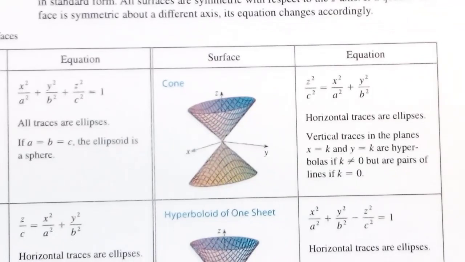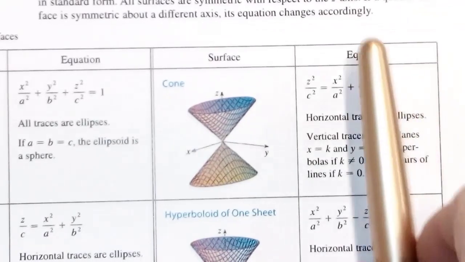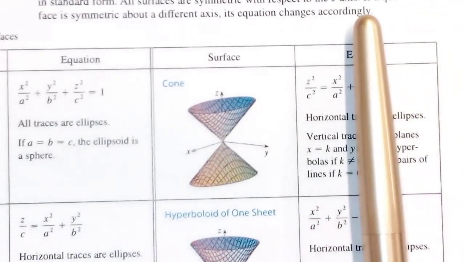Z squared equals X squared plus Y squared. If I got rid of one of those, that would be like a number. I'd take the square root, right, to get Z equals in terms of X. And if I did that, I'd get a line. Actually, I'd get a plus line and a minus line because I took a square root. I got two lines.